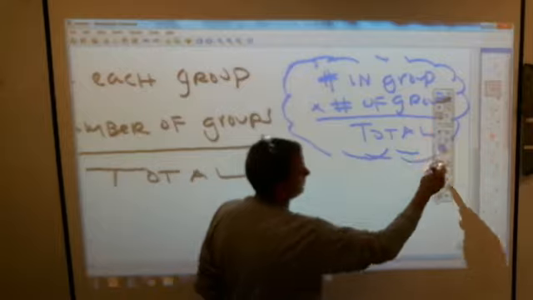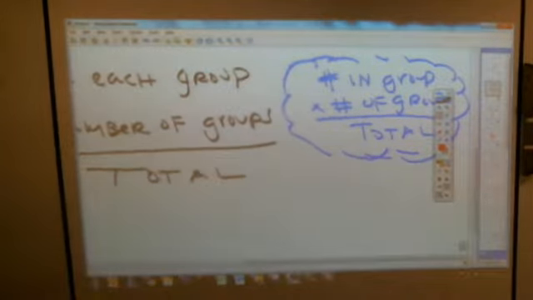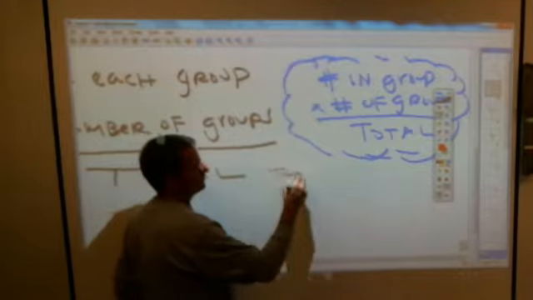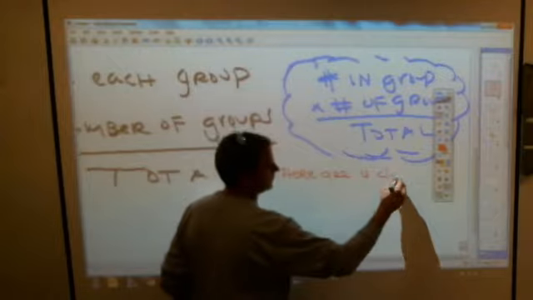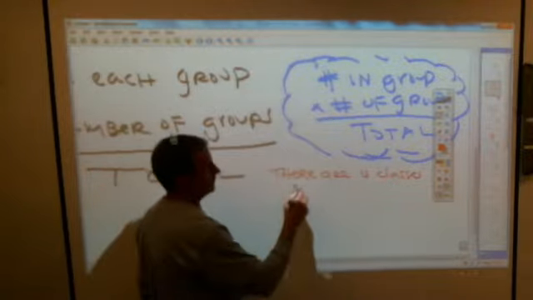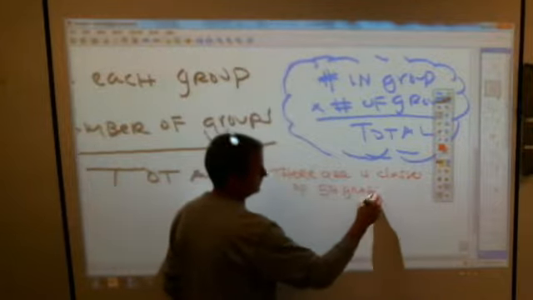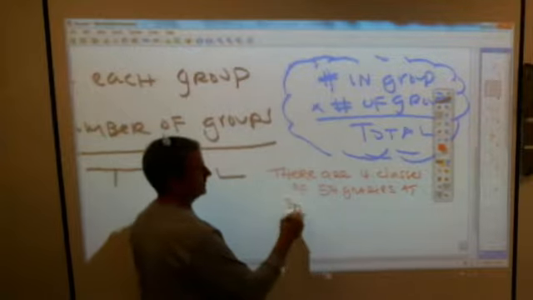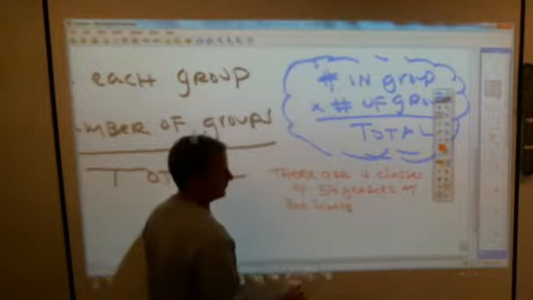An example for you and me, ladies and gentlemen, would be this. There are 4 classes of 5th graders at Bob Schnapp Middle School. Wait, no, grade school.